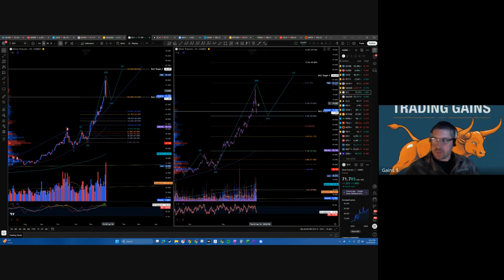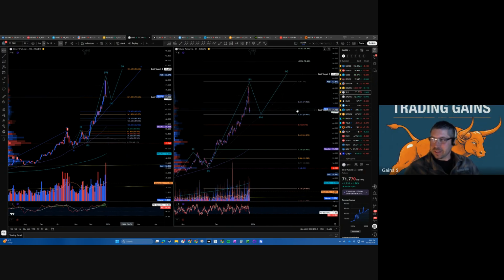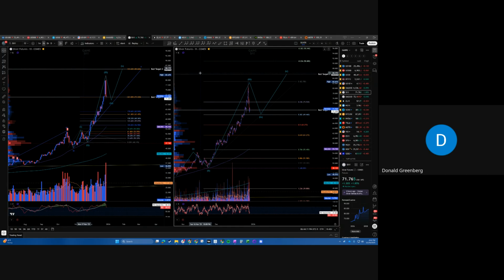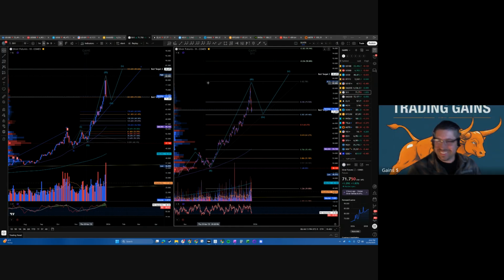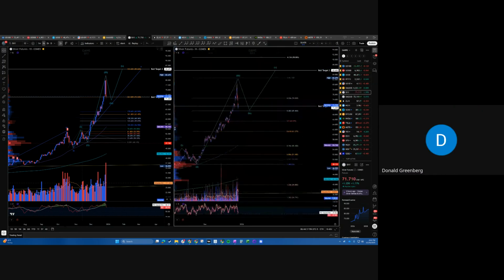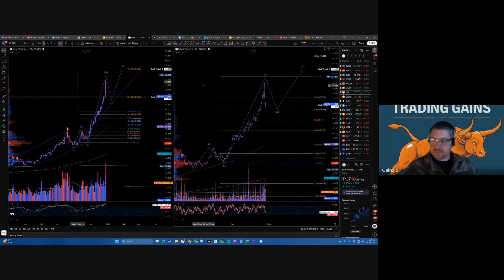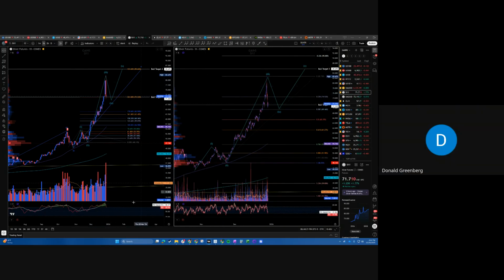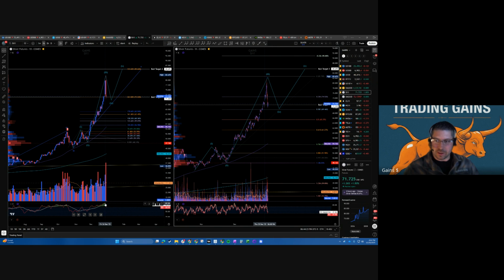Yeah, right there at the bull target, bull target one, at 71.34 or something like that. So you called it. Nice job. But that was from 2 years ago. I didn't think it was going to happen this fast, but nobody ever does. It just explodes. Look at the RSI. That's crazy.